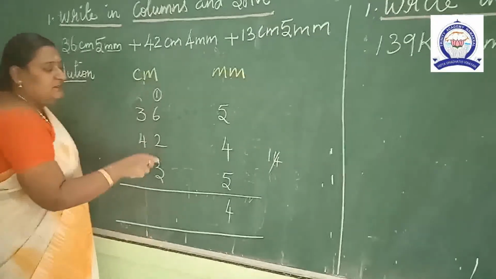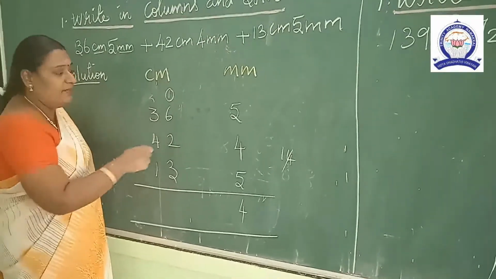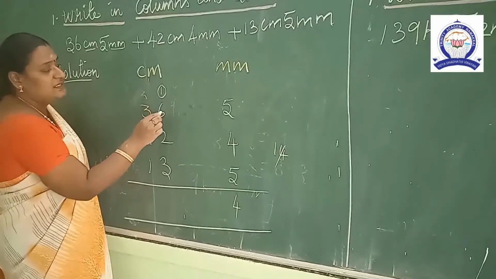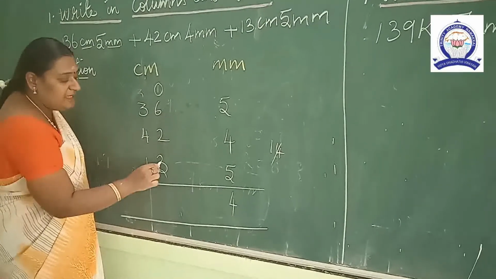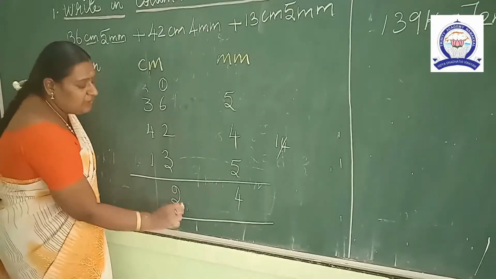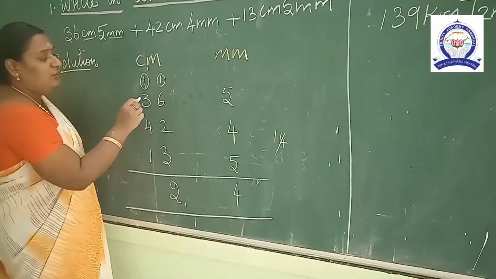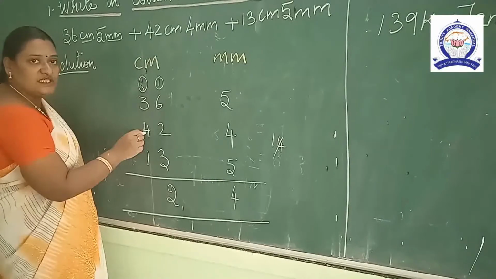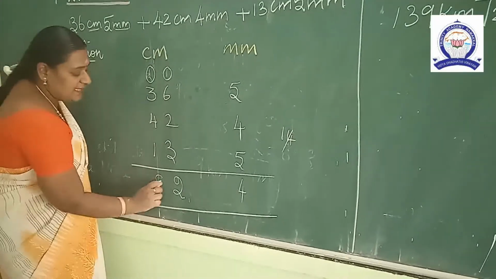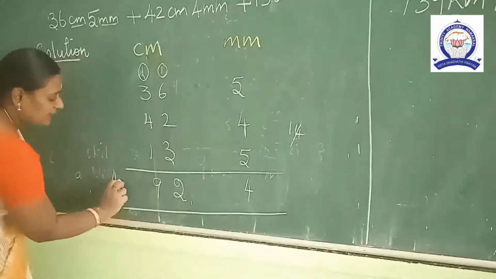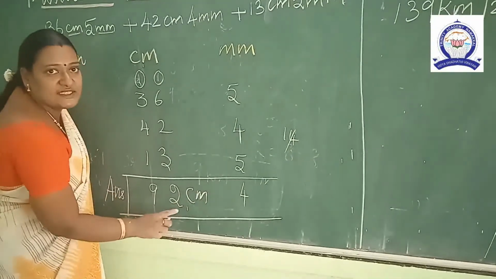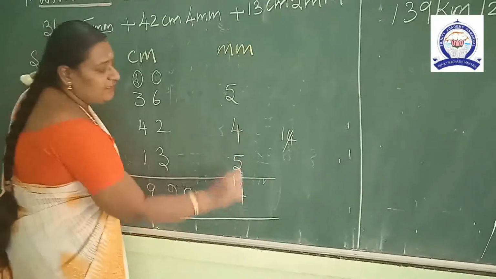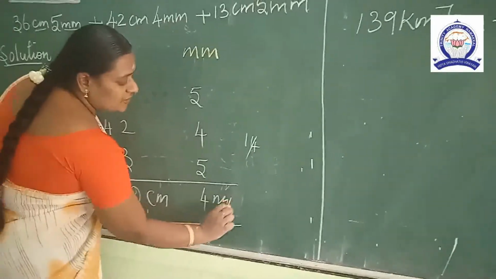So now you add 6 plus 1 is 7, 7 plus 2 is 9, 9 plus 3 is 12. So you write 2, 1 carry over. Now 3 plus 1 is 4, 4 plus 4 is 8, 8 plus 1 is 9. So this is your answer. Answer 92 centimeter 4 millimeter. You write the units at last. This is your answer.